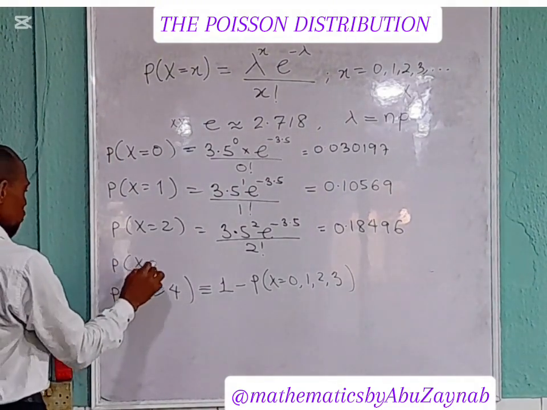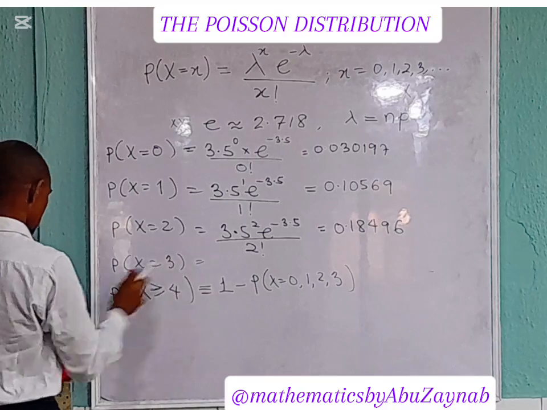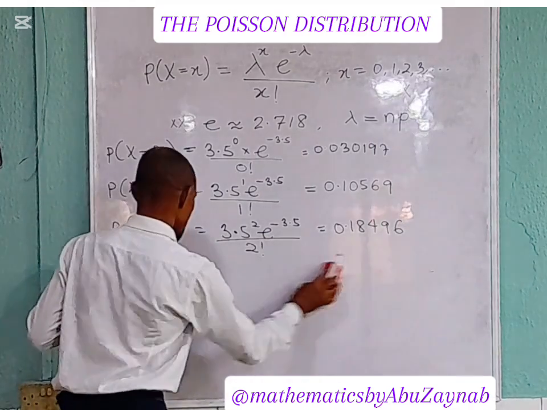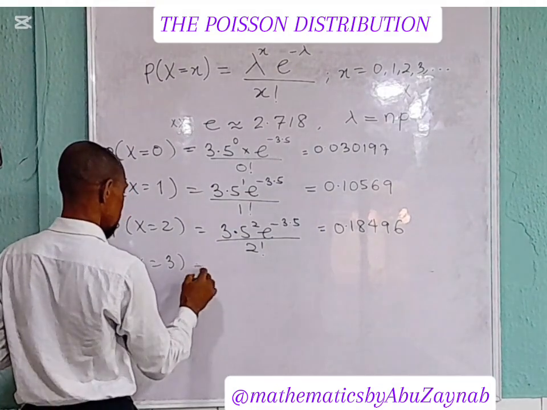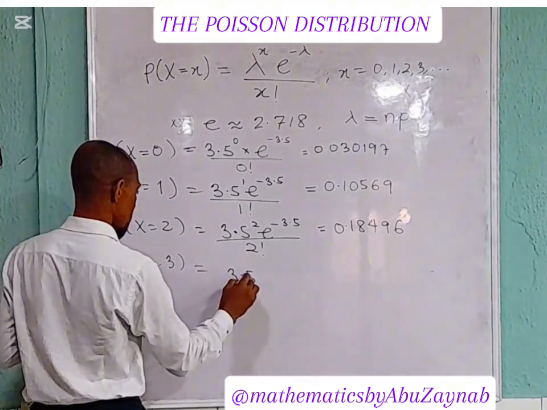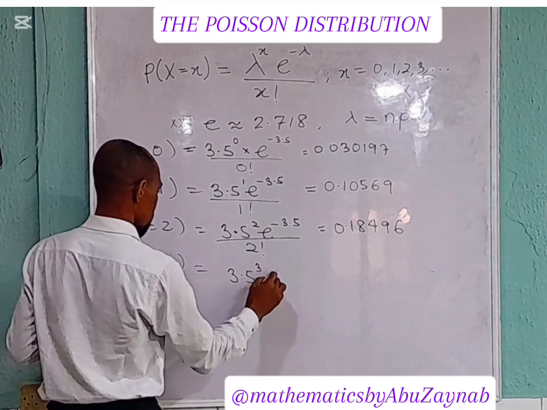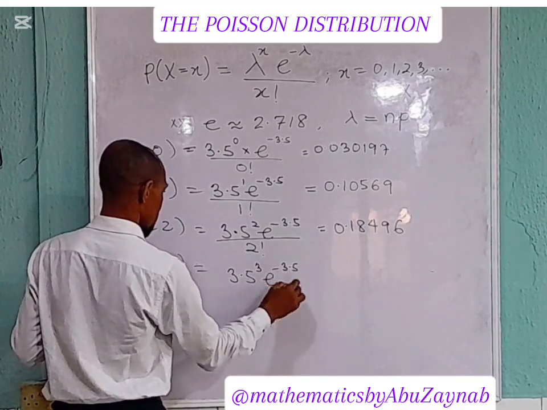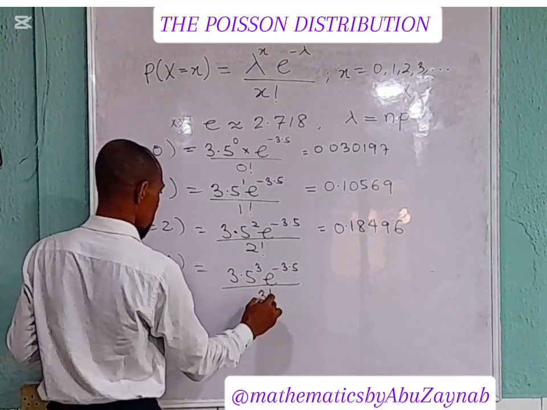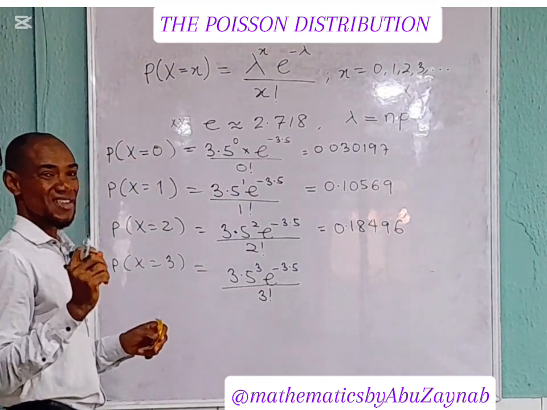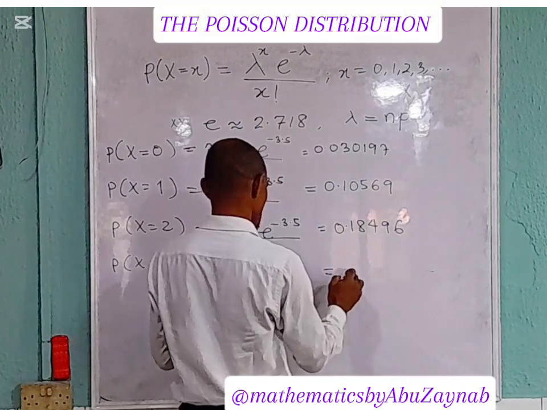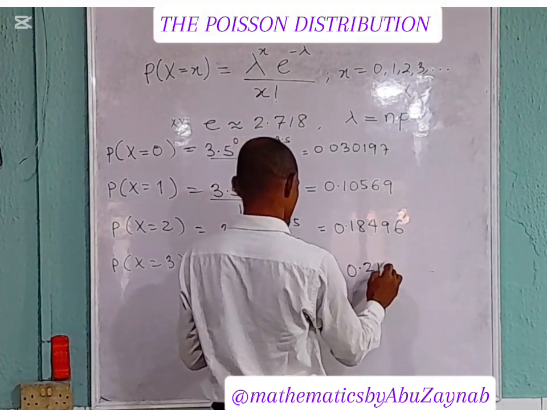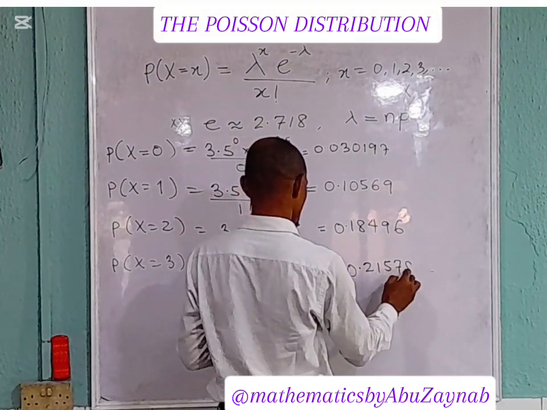And the last one is when x is equal to 3. That gives us 3.5 to the power of 3, e raised to power minus 3.5 over 3 factorial. 3 factorial is actually 6. When you compute this divided by 6, you're going to have 0.215783.